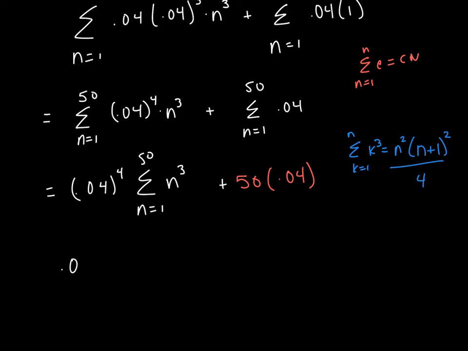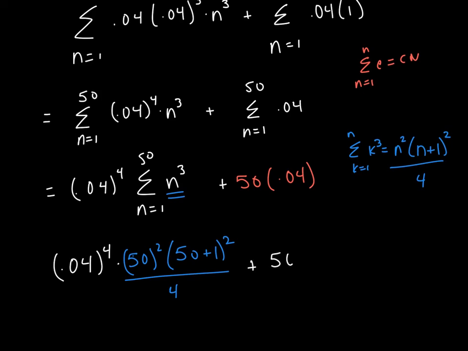So now I have 0.04 to the fourth times, this is what is becoming, 50 squared times 50 plus 1 squared all over 4. Now I add that to 50 times 0.04 to get a grand total.